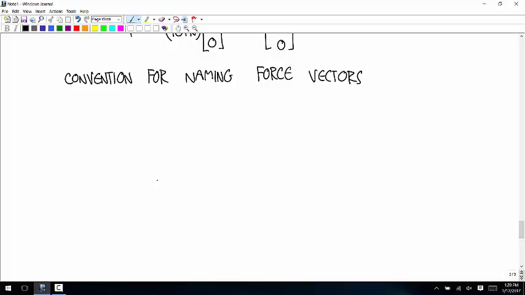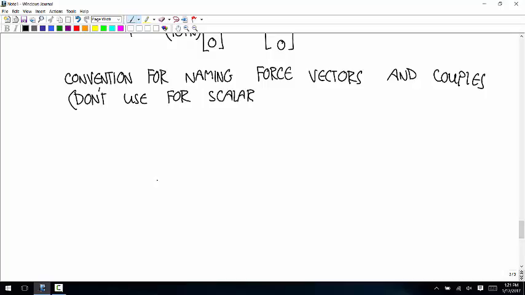And you don't want to use this convention when you're talking about the scalars that represent a force with a known direction. So don't use this for scalar force variables. Force vectors, and it works for couples too when that comes up.